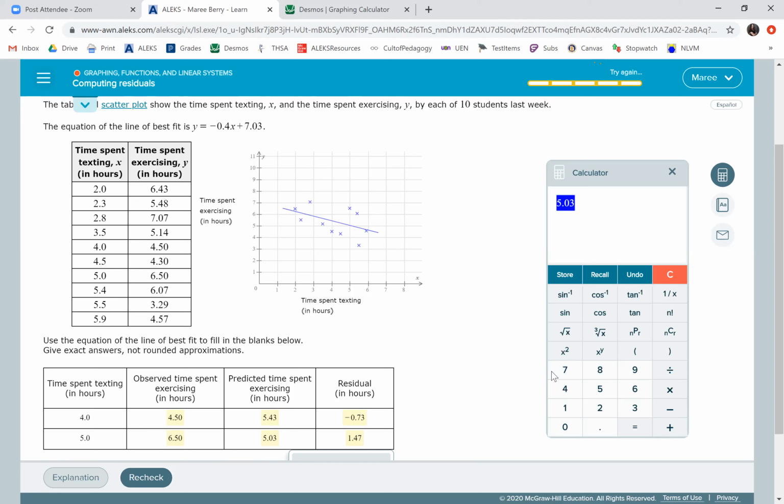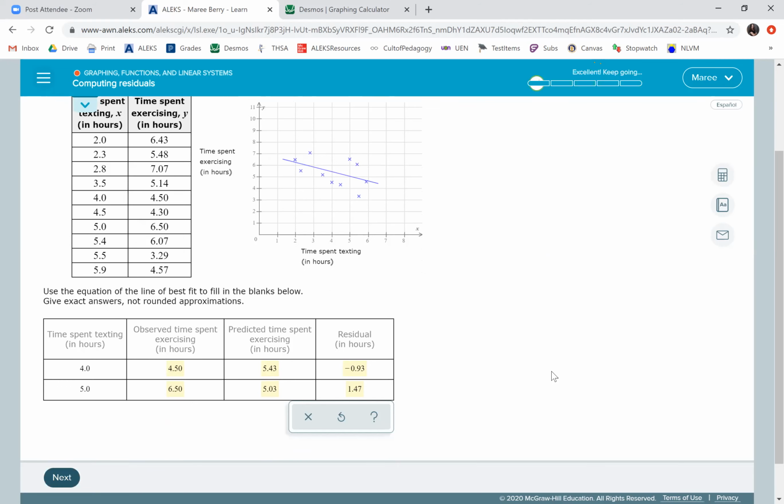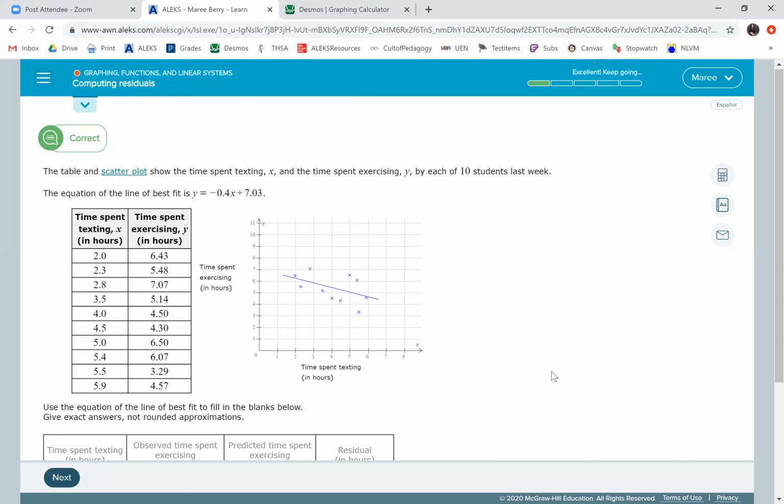That's 5.03, that's right. Then if I did 4.50 minus 5.43, that's negative 0.93. There we go. Holy cow. Okay, so make sure you're doing all the point zeros and all that stuff, and that should help you with passing this off. Okay, thanks for watching. That's the end of the lesson.